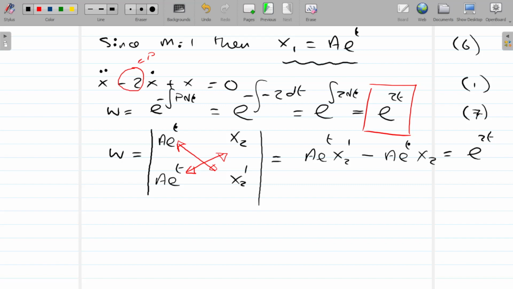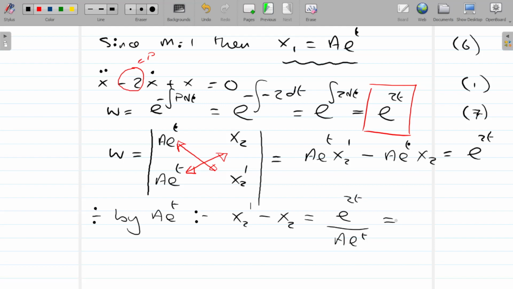Right, now we've got a first order equation that we can solve. First of all, we divide through by a e to the t, and this gives us x2 prime minus x2 equal to e to the 2t over a e to the t.